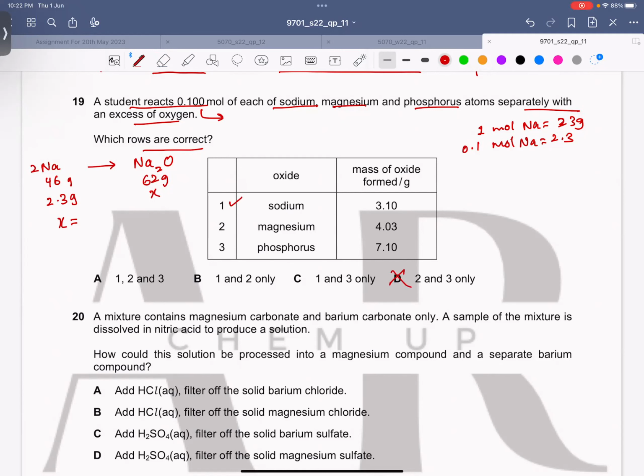Now let's work on magnesium. Magnesium oxide is MgO, so it's very simple. 24.1 gram of magnesium is producing 40.1 gram of magnesium oxide. So if we have 0.1 mole, which means 2.41 grams, then how much X would form?